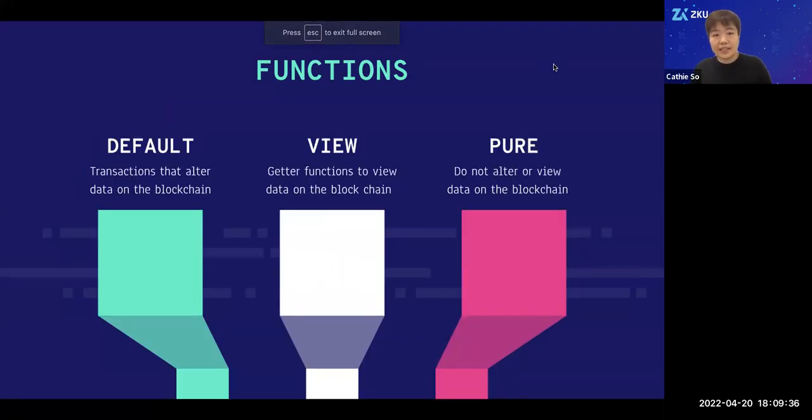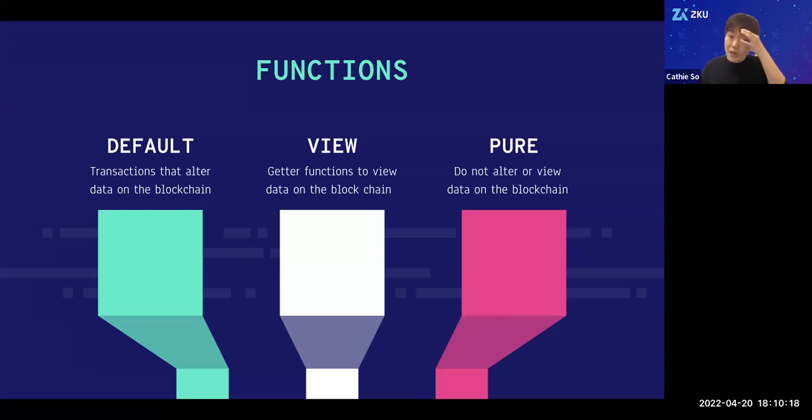Okay, and then there are also different types of functions. By default, if you don't say anything about the function, it is assumed to be something that will alter the data on the blockchain. But there are also 2 other types of functions that will be cheaper. What I mean by cheaper is that if you haven't interacted with the blockchain before, for every transaction there is usually a gas fee that you have to pay. The more data that you are changing on the blockchain, the more expensive your transaction gets to be.